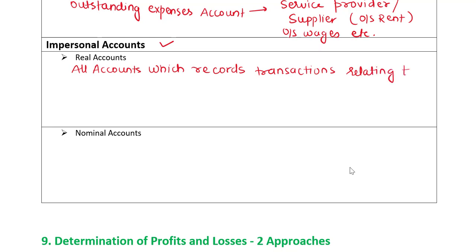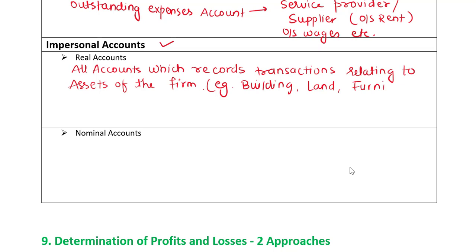Relating to assets of the firm. Example, building, land, furniture, fixture, machinery, investments, cash, bank, etc.